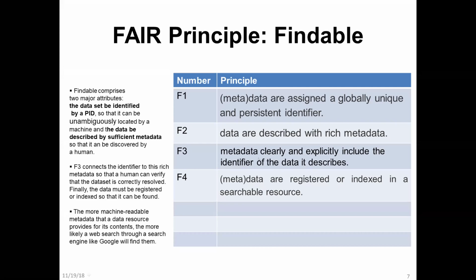And then F3, metadata clearly and explicitly include the identifier of the data they describe. And then F4, metadata are registered or indexed in a searchable resource, because you can't find your data unless they are indexed. They are registered in the archive repository and they have an index, because all the search engines need things to be indexed.